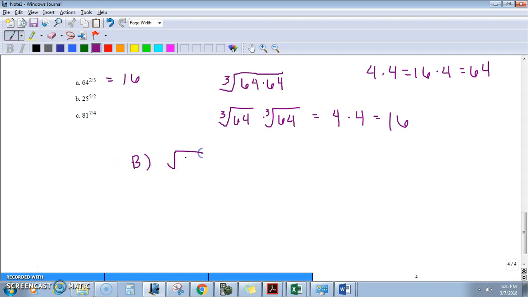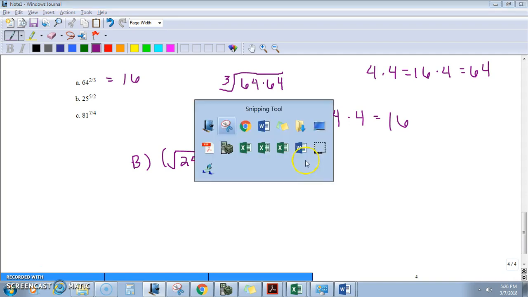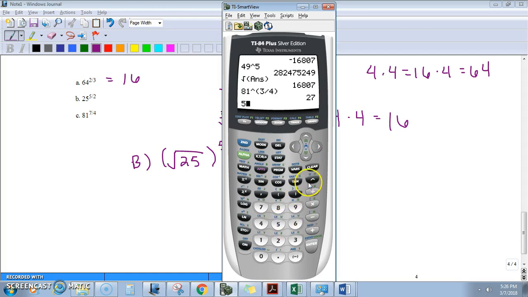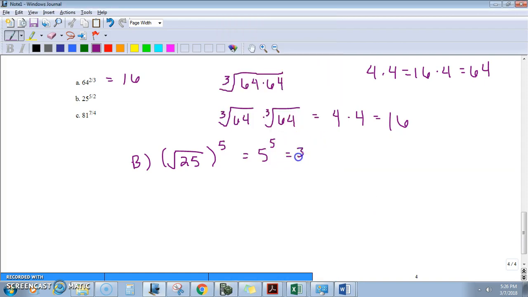So we're talking about the square root of 25 to the 5th power, which just means 5 to the 5th power, which is 5 times 5 times 5 times 5 times 5, which is, get my calculator out here, 5 to the 5th power, 3,125. Okay.